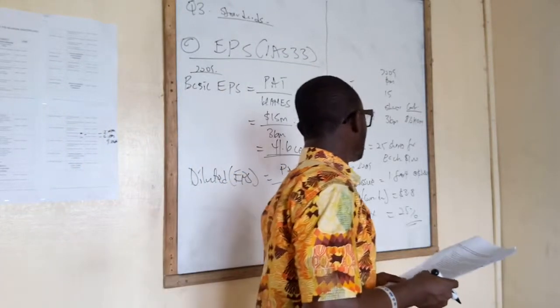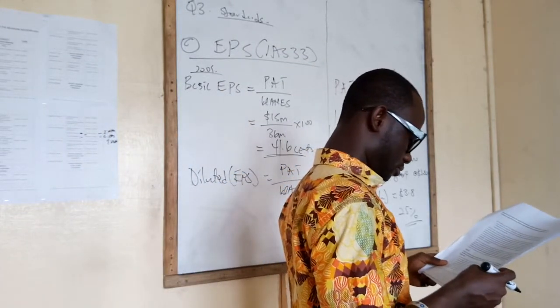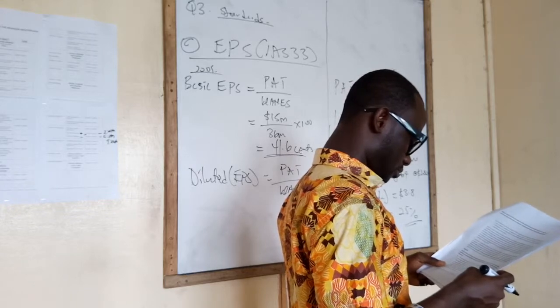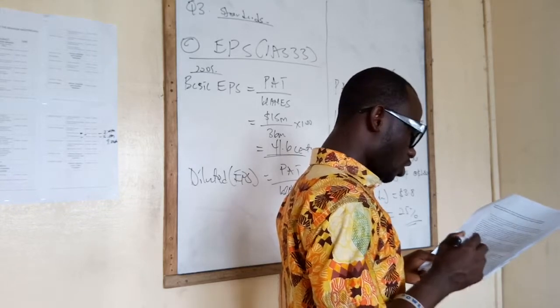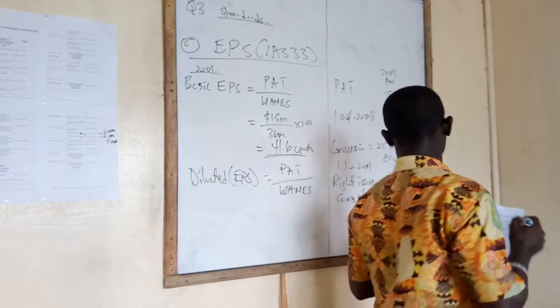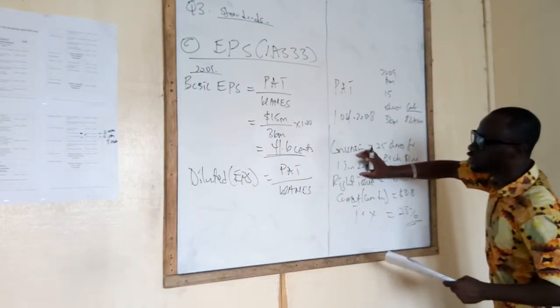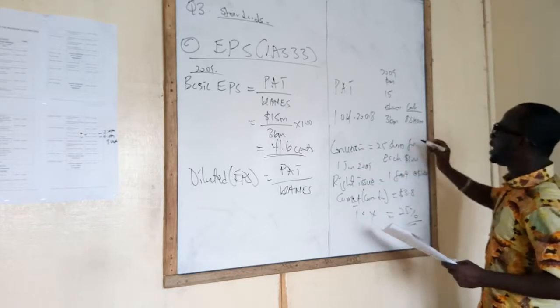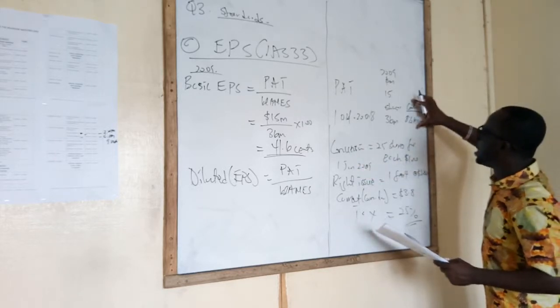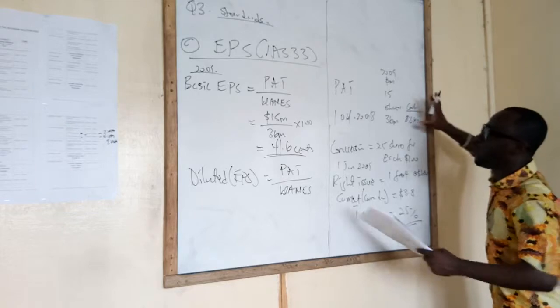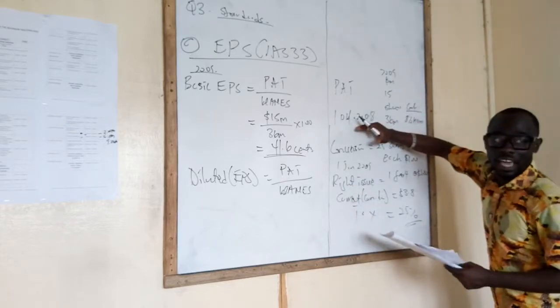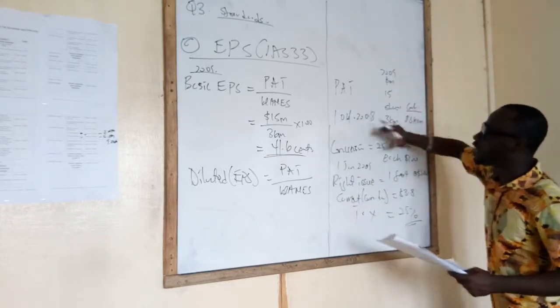When was the rights issue done? On 1st January 2009. But then this convertible loan note was there at the start of the year, wasn't it?